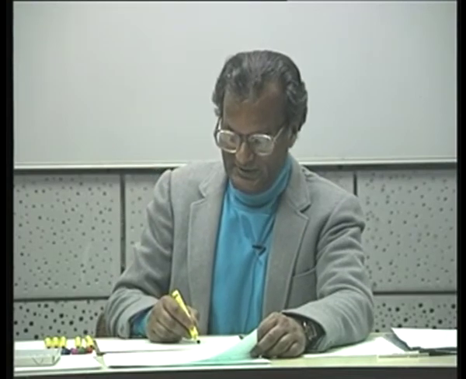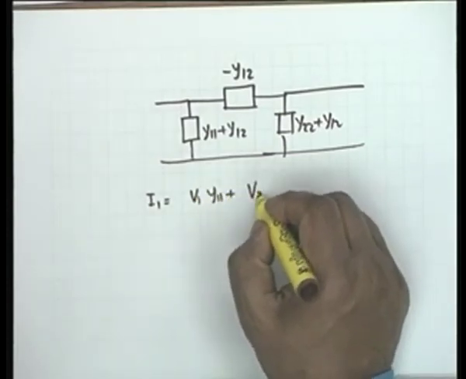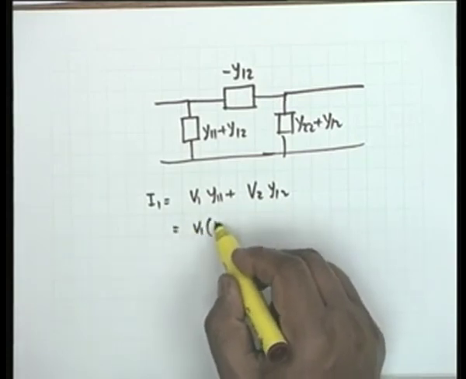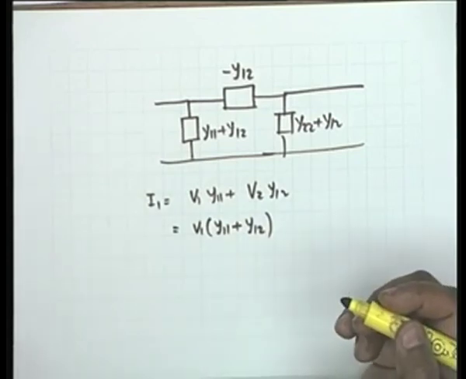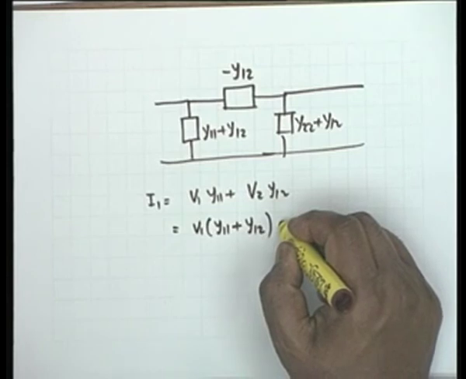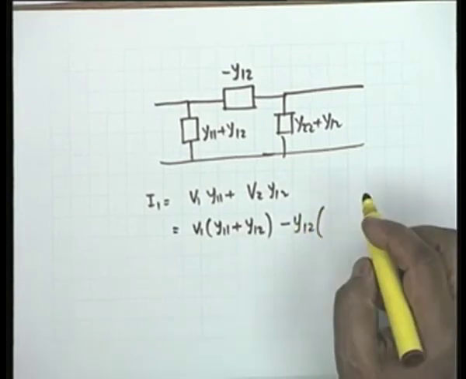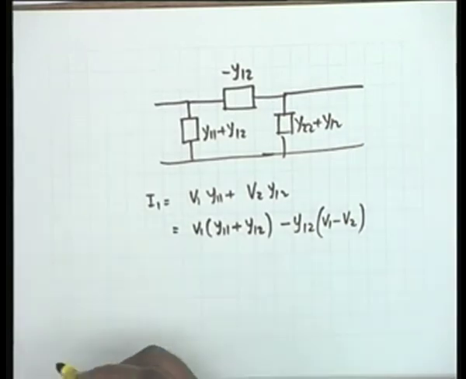You see, my equations were I1 equal to V1 Y11 plus V2 Y12. I can write this as V1 times (Y11 plus Y12), then minus Y12 times (V1 minus V2). Is that okay? All right.